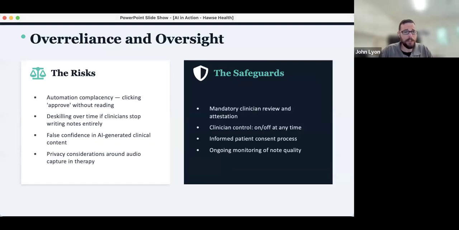Over-reliance and oversight: the risk of complacency, de-skilling, getting overly confident in it and just signing off, not appropriately reviewing it.